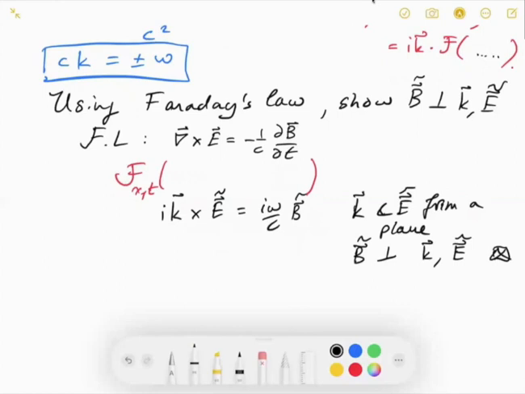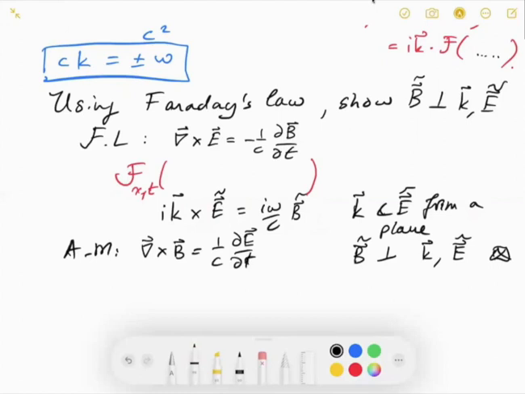All right, now we could do the same thing with Ampere-Maxwell, obviously. So Ampere-Maxwell for sourceless versions. So we have only the displacement current.